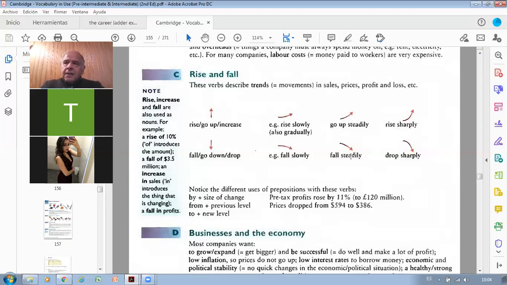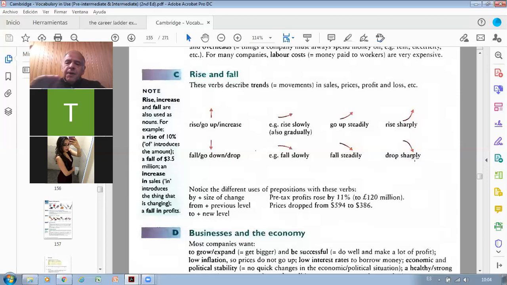Steadily means that it's kind of consistent. They fall steadily. They are falling and falling and falling, right? And a drop sharply is when they go violently, yeah? A very high percentage. The fall is very high. That means sharply, yeah?